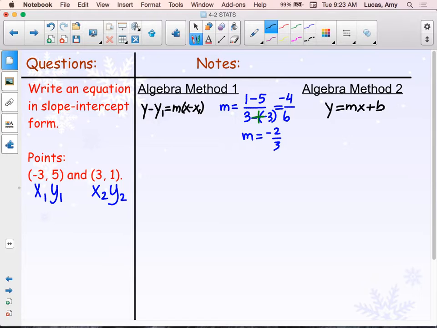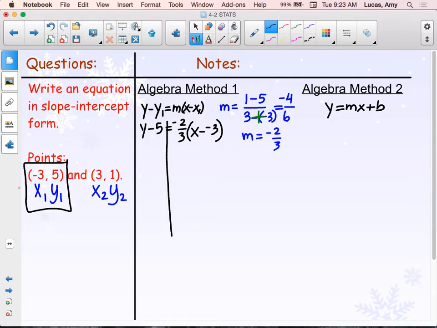So for the first algebra method using point slope, I'm going to go with this first ordered pair for x1 and y1, and my slope is m. So y minus 5 equals negative 2/3 times x minus negative 3. And then I just need to simplify this. So first thing I simplify is my chunky plus inside my parentheses.